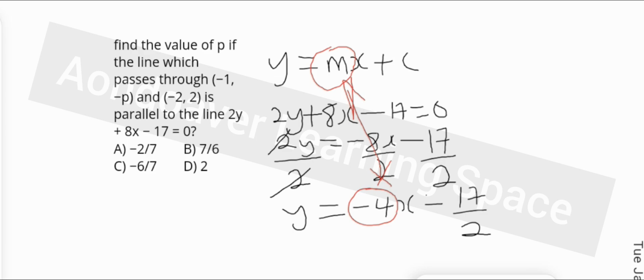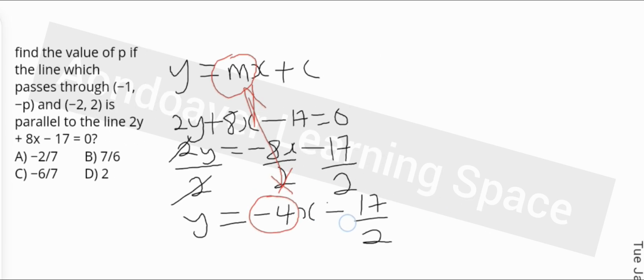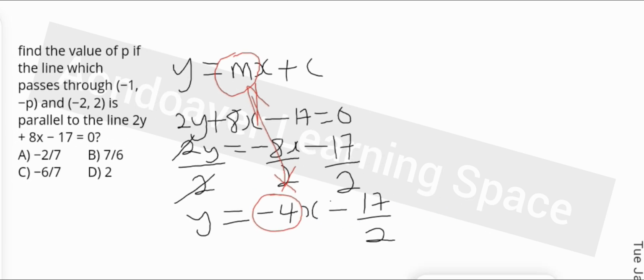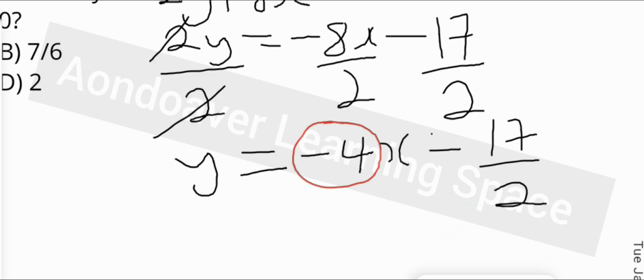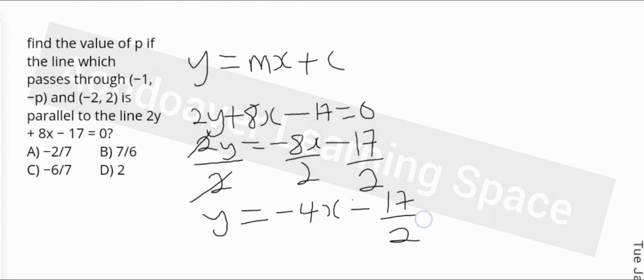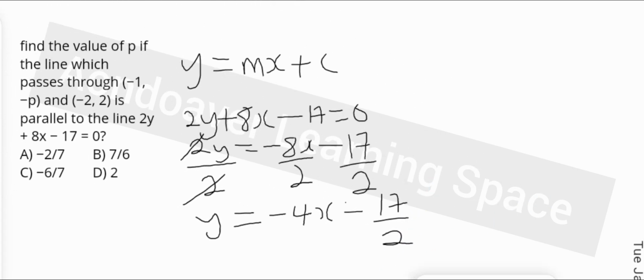And mind you, the slope of this line is equal to the slope of the line that passes through these points. So let's label them (x1, y1) and (x2, y2).